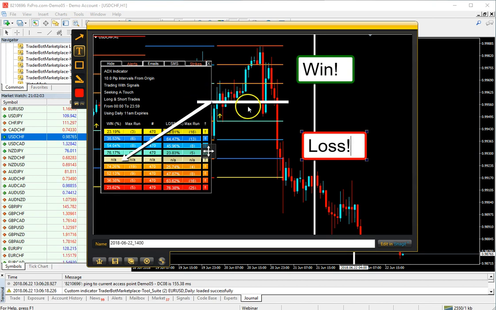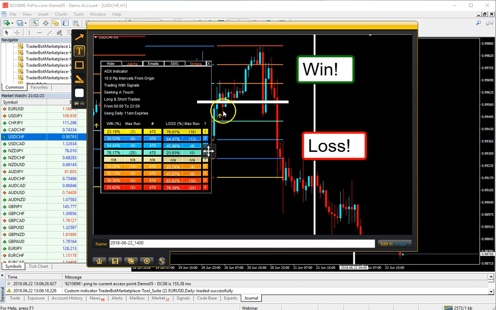Now, this white line corresponds with an ATM, at the money line, that does not exist on touches because it can't. Price has to move instead of just sit there like in a binary to make money. So that's what that white line is for. Get rid of that.